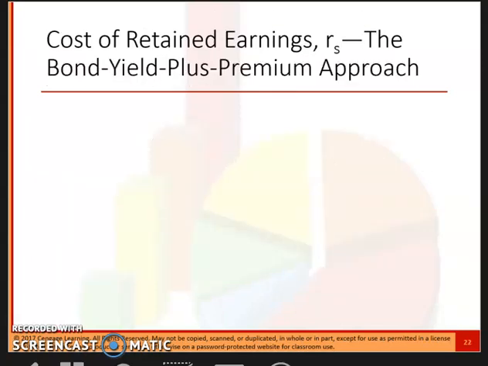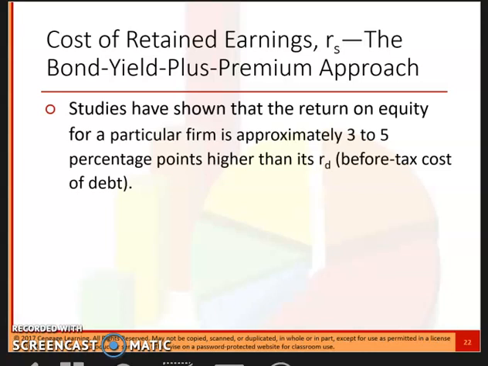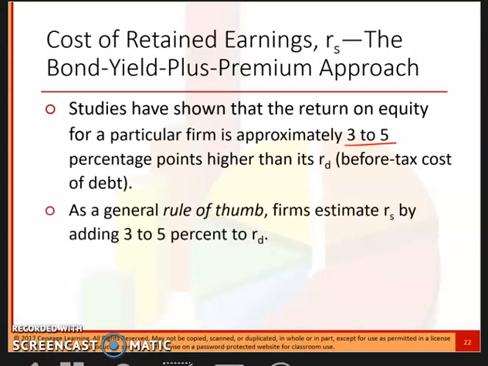And then the third method for cost of retained earnings is the bond yield plus premium approach. Studies show that return on equity for a particular firm is somewhere between 3 and 5% higher than its before tax cost of debt, R sub D. As a general rule of thumb, firms estimate cost of retained earnings by adding 3 to 5%, based on that firm.